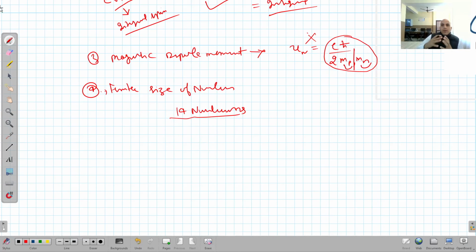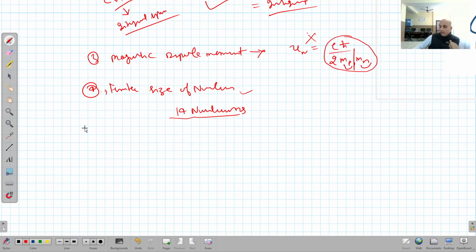So this problem of having extra electrons inside the nucleus is removed. There is nothing going to happen when a total of A nucleons, that is 14 nucleons, are present inside the nucleus. There is no problem for the nuclear forces to handle these A nucleons, right? So this problem is also removed.